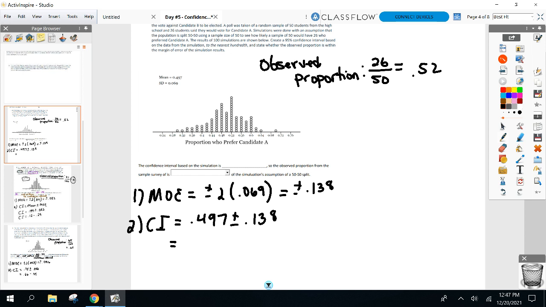Nearest hundredth, 0.36 to what I got, 6.4. Making sure I rounded that correctly. And then, where did our observed proportion fall? Right in there. So he or she should feel pretty good about themselves, because that's a likely response right there, 26 out of 50.